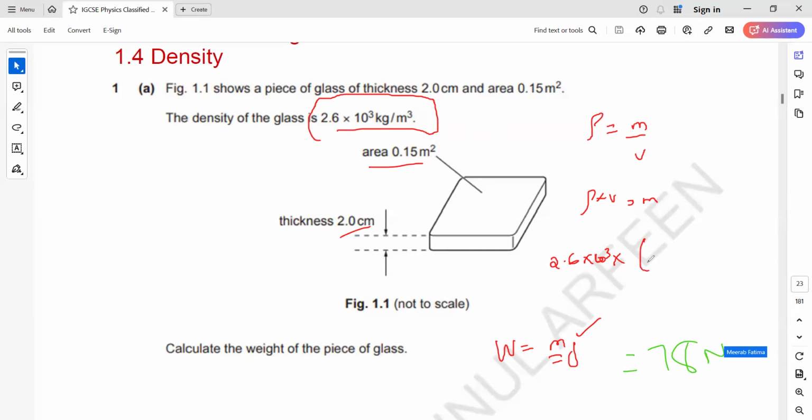So divided by 100, so it will be 0.02 and area is 0.15. So when we multiply them, first we get the mass. So 0.02 multiplied by 0.15 multiplied by 2.6 exponent 3. What is the answer for this? 0.02 times, so 7.8.